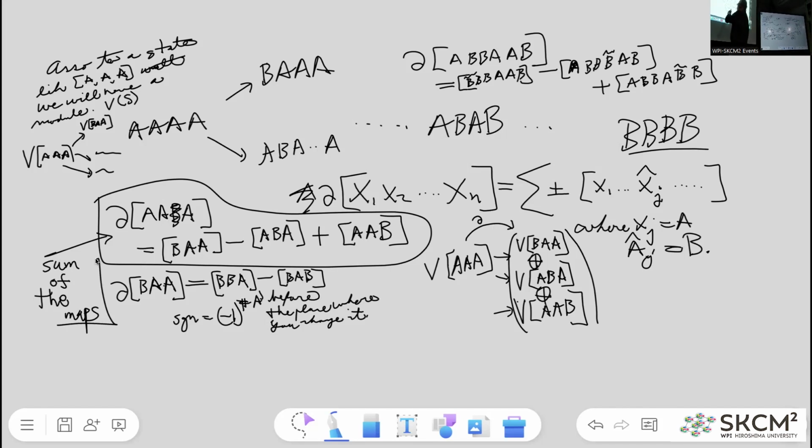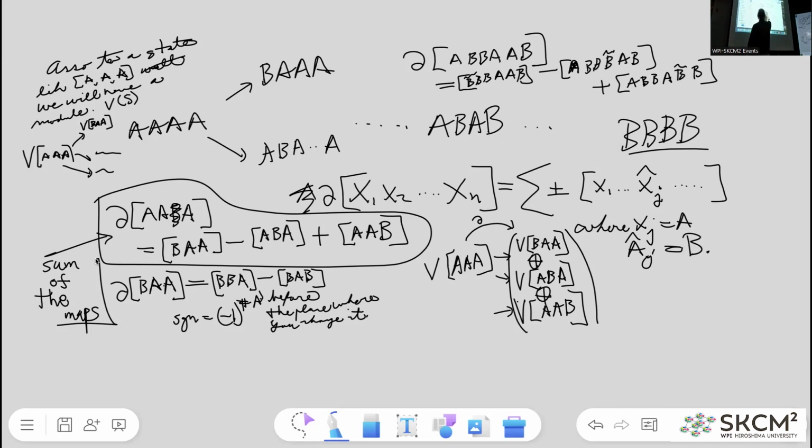So I hope you get the pattern idea of it. There's a module here. You have three maps under each of these modules. You can add up the maps if you add up the modules. And then you need to know, how should I add the maps? You need the right signs, just as though it were something like simplices. And so you add these according to the signs I told you.